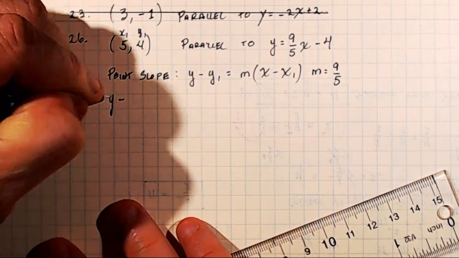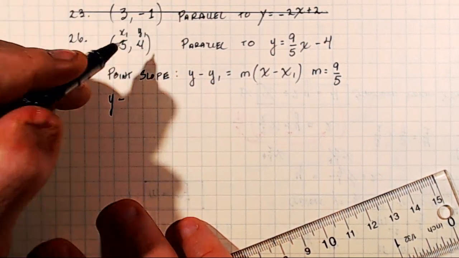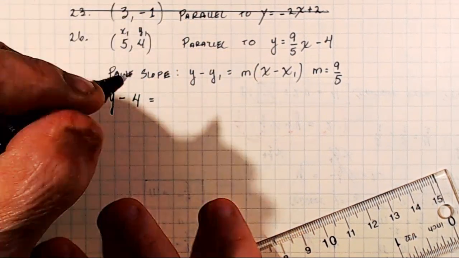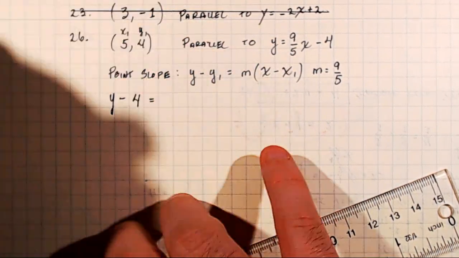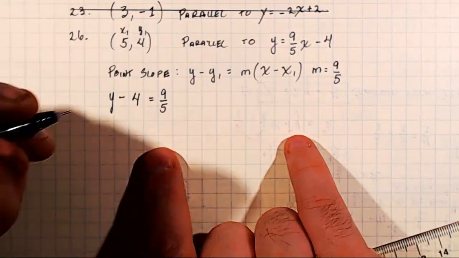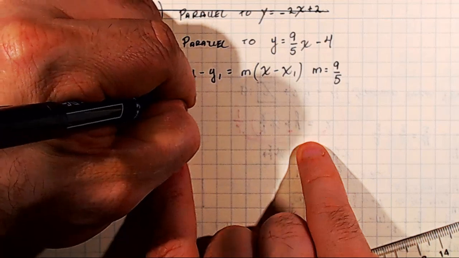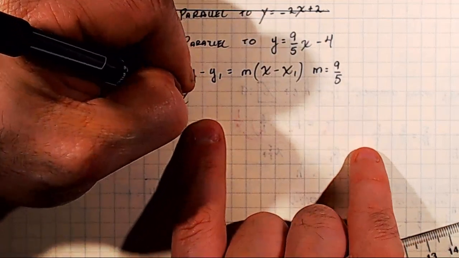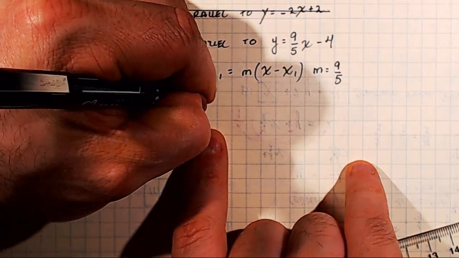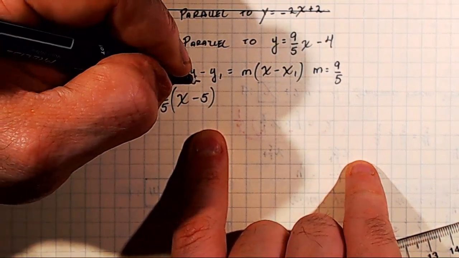Y minus y1, which is 4, y minus 4, equals m, which is 9/5, open parentheses, x, and then minus x1, which is 5, x minus 5, okay?